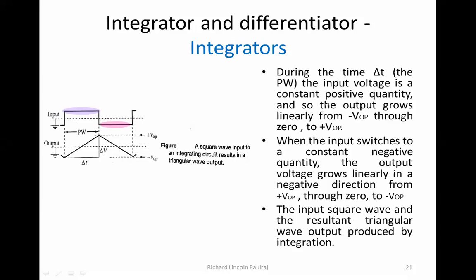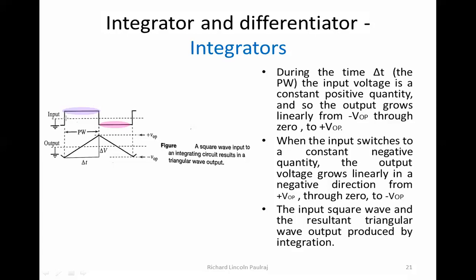So constant positive quantity. So the output grows linearly from minus VOP, that is minus output voltage, through 0 to plus VOP. You can see that this is not an inversion, actually; it is the charging of the capacitance.